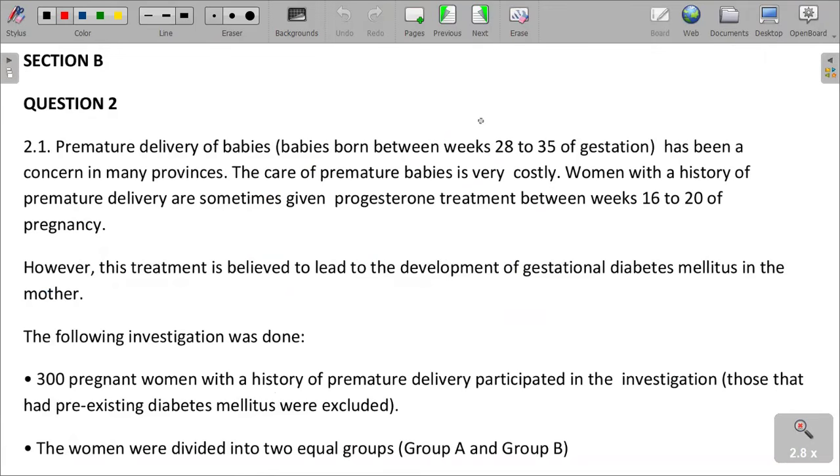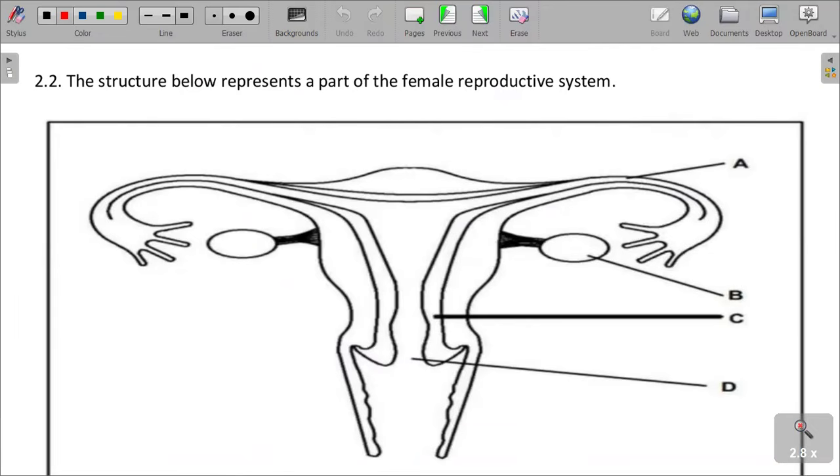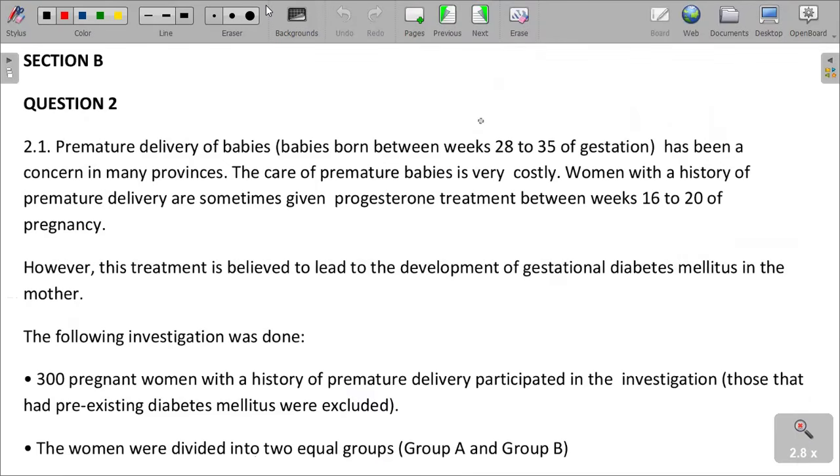So what happens is women with a history of premature delivery are sometimes given progesterone treatment between weeks 16 to 20.